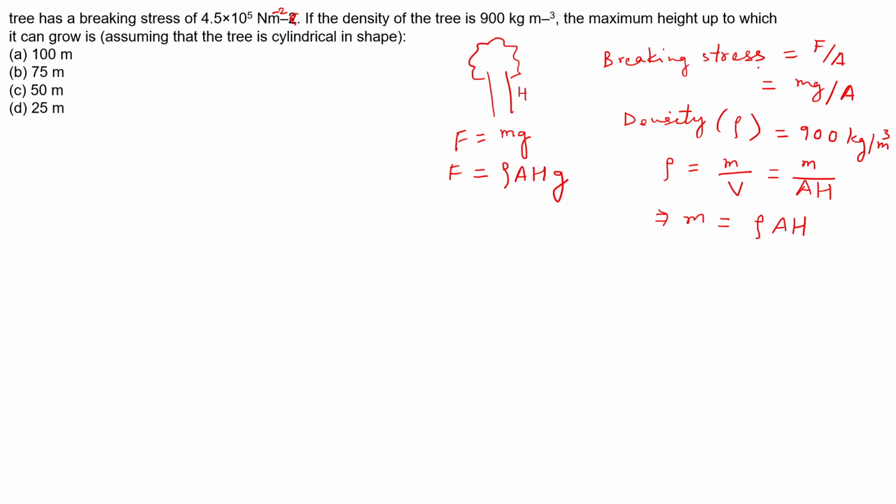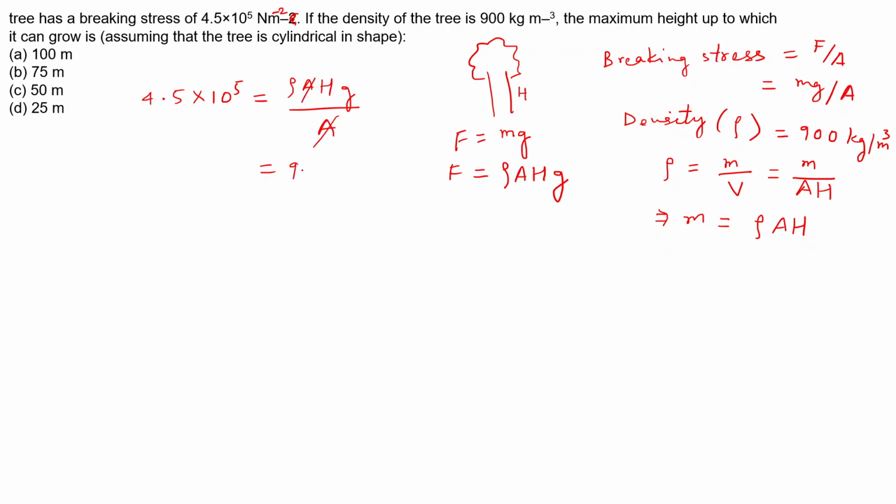So stress is mg by A. The breaking stress is given to be 4.5 times 10 to the power 5, force per unit area, and we know force is rho A h g divided by area. So area gets cancelled.